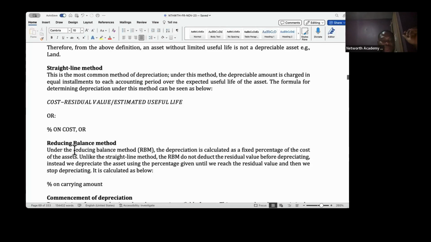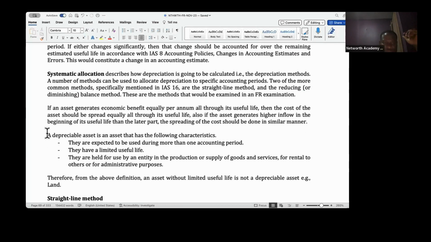So finally, I can ask you guys that you should mention the characteristics of a depreciable asset. I've seen them ask you this before. So if they happen to ask you in the exam that you should mention the characteristics of a depreciable asset, these are the characteristics from the definition of an asset of PPE.